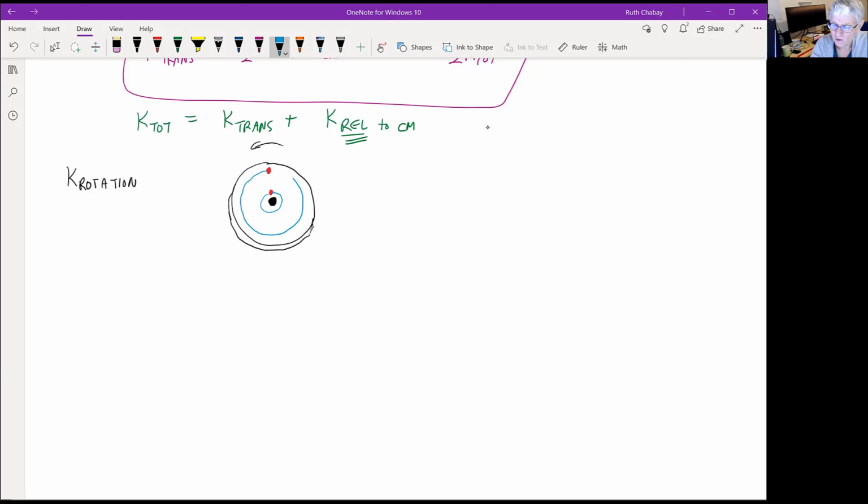It has to go all the way around there. So the velocities of these atoms are actually different. This atom has to be going a lot faster than this atom to make it around.